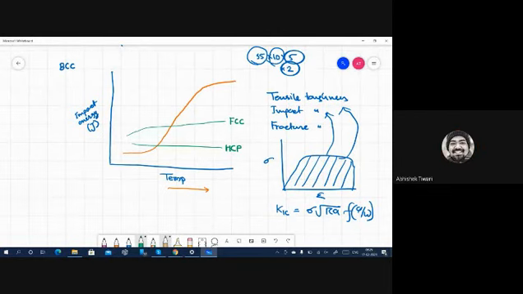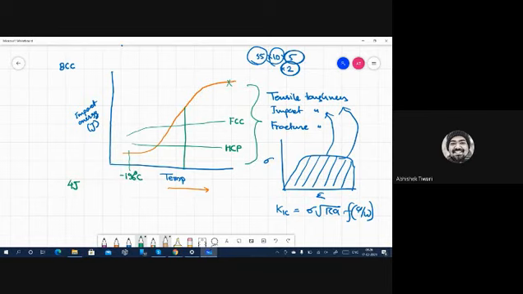Yes. So a BCC alloy at lower temperature is going to have a brittle fracture. At higher temperature, it is going to have a ductile fracture, right? And the difference between these two energies is this much. So at a lower temperature, if I do a Charpy impact test for a steel, I might get 4 joules, say at minus 196 degrees Celsius.